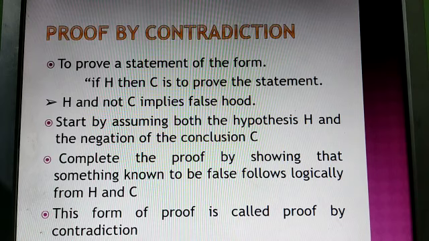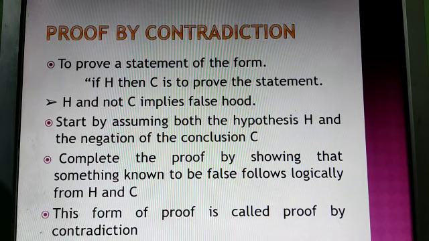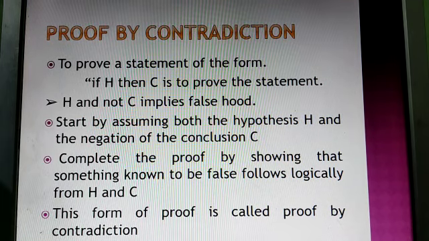That is, we assume the hypothesis and the negated conclusion, and we get a falsehood. This form of proof is called proof by contradiction.